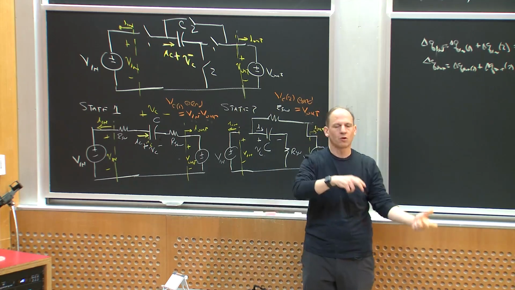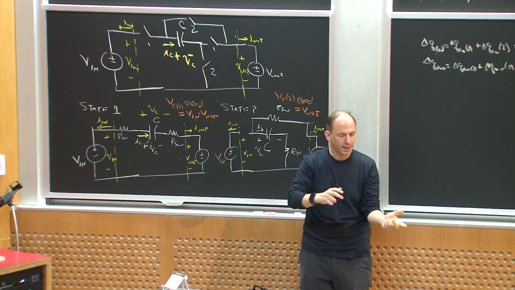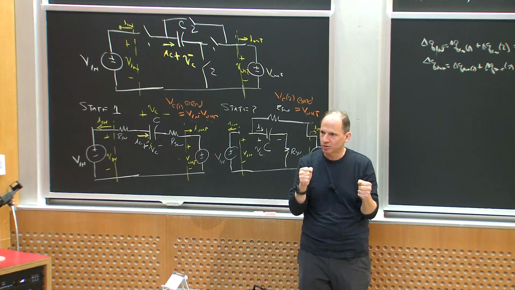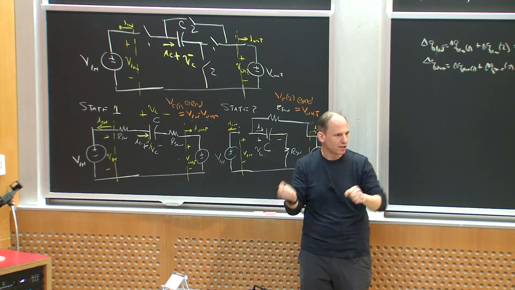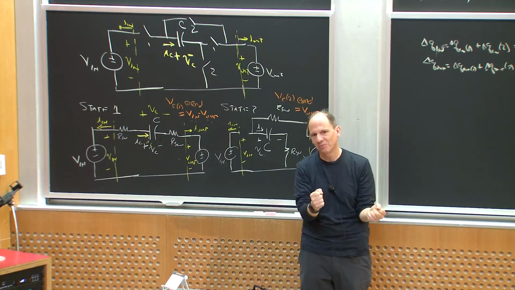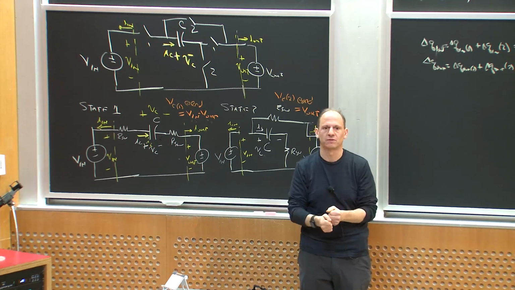And those are always going to be related in some rational way. So that's the core thing that a switched capacitor converter does: by charge balance, it's going to give you some current conversion ratio between the input and the output that's fixed by the topology and the switching sequence.